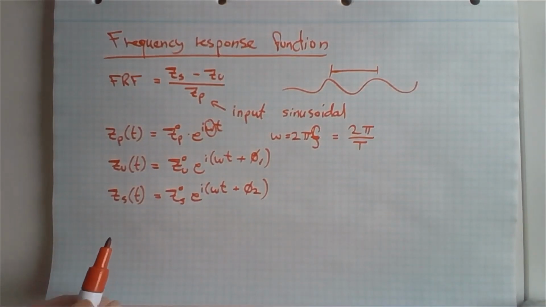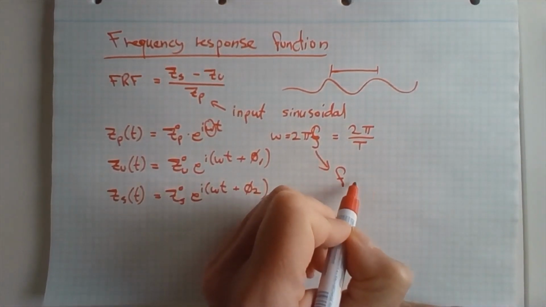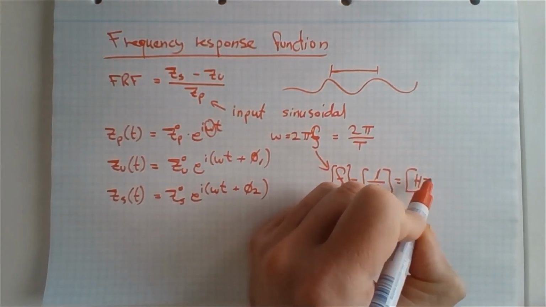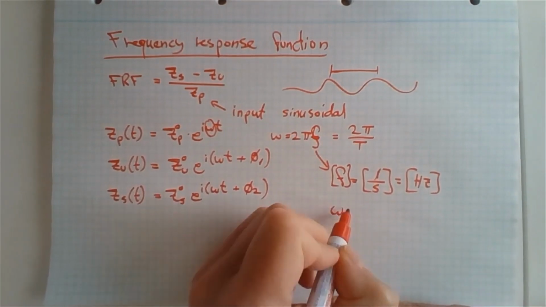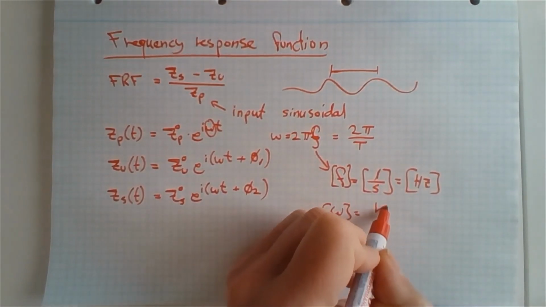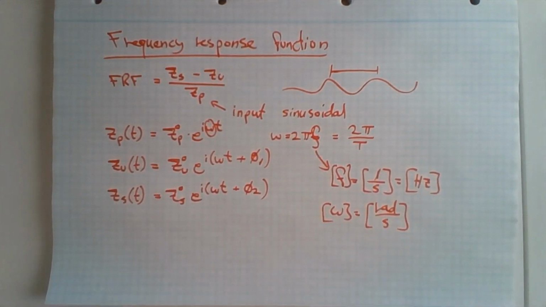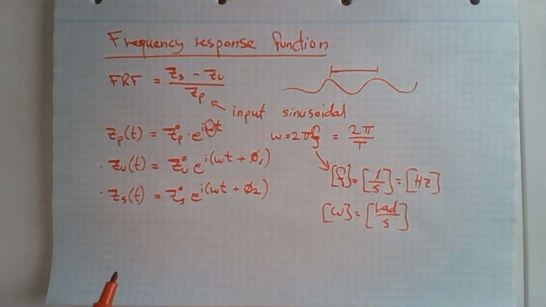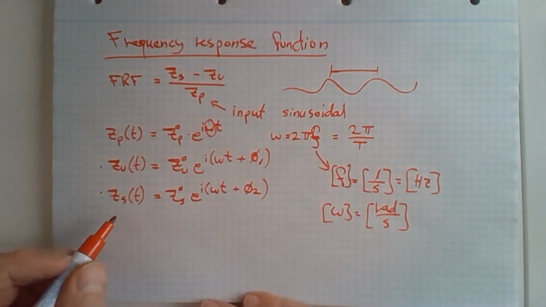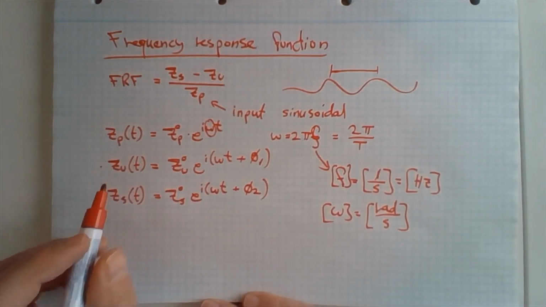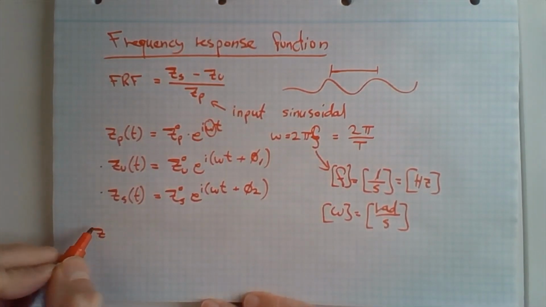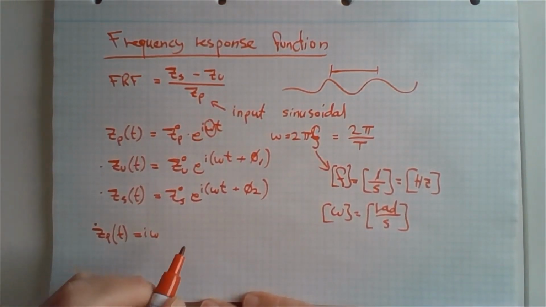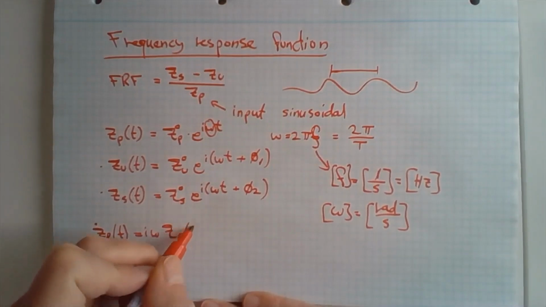As a reminder, frequency has units of 1/s or hertz, and the angular frequency has units of radians per second. Now, let's plug these entities into the IRI equations that were derived previously. We need first to introduce the derivatives. The derivative of the pavement excitation is i omega times the original expression.